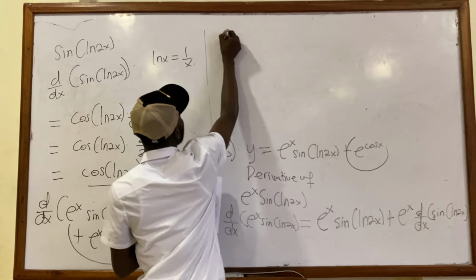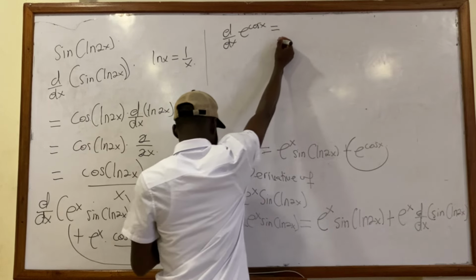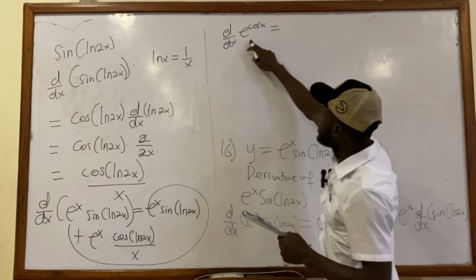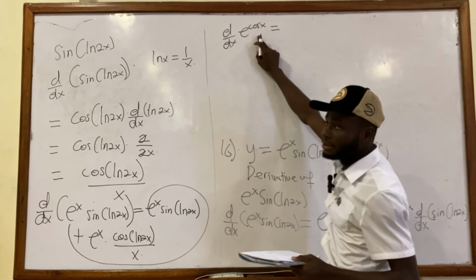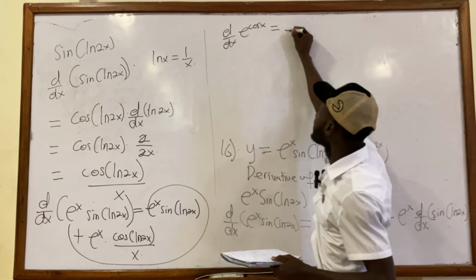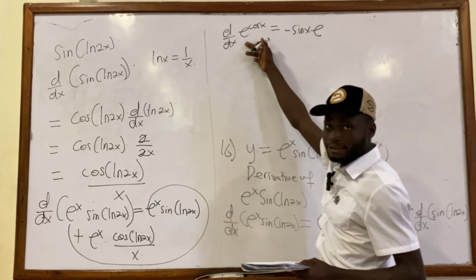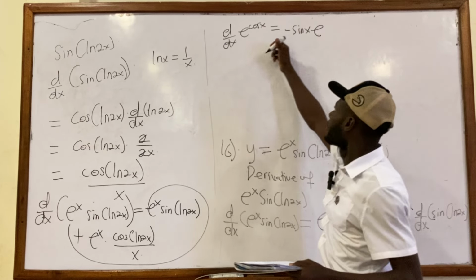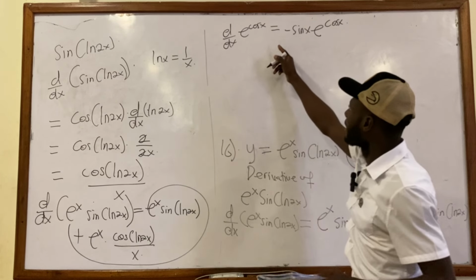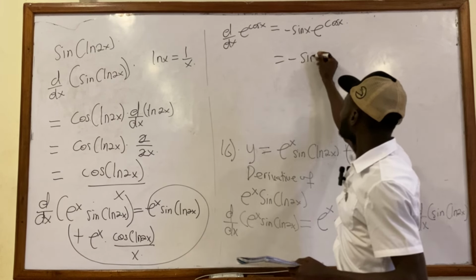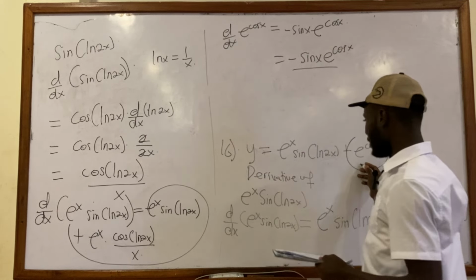The derivative of e power cos x is equal to: differentiate the exponent, the derivative of cos x is negative sine x, then you write the function back again, so we have e power cos x. This becomes the final solution for the derivative of e power cos x.